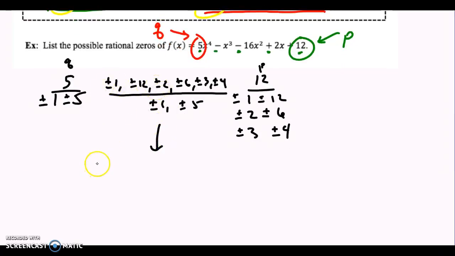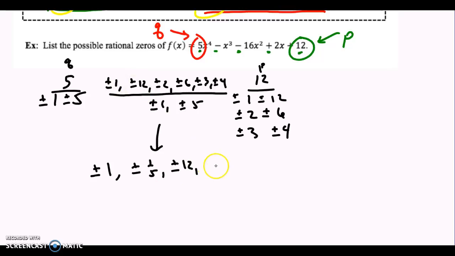Let's go and see what we get. We get plus and minus 1. If I take 1 divided by 1, a positive or a negative, I get plus or minus 1. I also get plus and minus 1 over 5. And I can't really break up this 1 in the numerator to any of the other numbers, so that's where I end. I also get plus and minus 12, and this isn't going to be organized numerically.